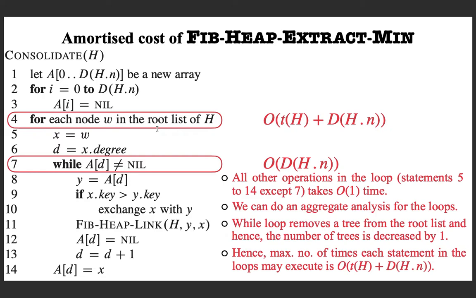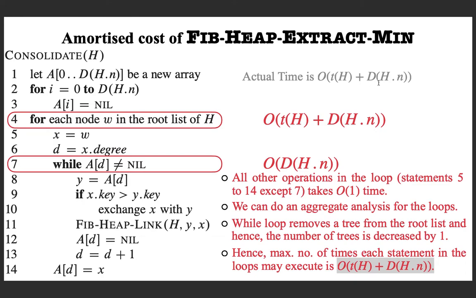Using an aggregate analysis, we can see that the actual complexity is upper bounded by the maximum number of trees in the root list. So the actual cost is obtained in the worst case as T of h, the number of trees in the original instance, plus the maximum degree.